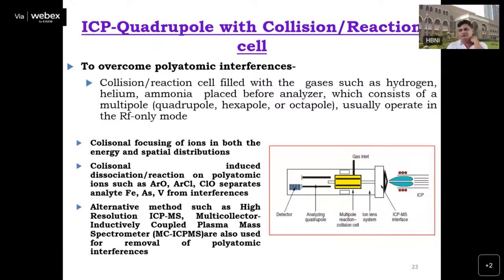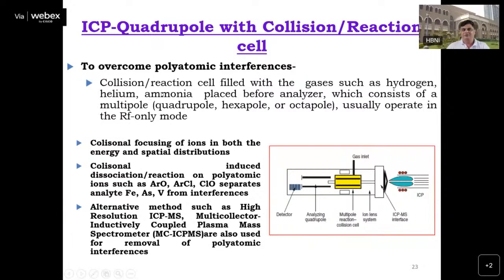Nowadays the multi-collector ICP-MS, that is the multi-collector coupled plasma mass spectrometer, is also coming, so there also we can avoid polyatomic interference. Otherwise, we can use this reaction cell.